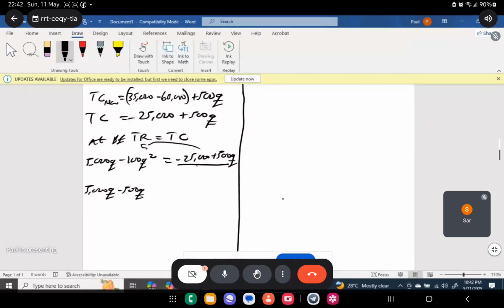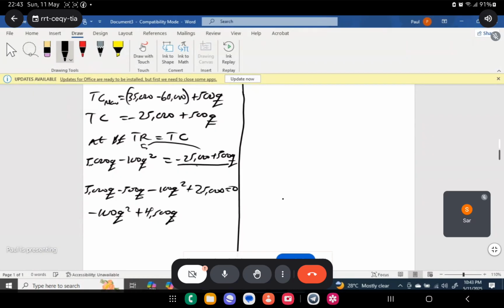Then we get our 100Q squared minus, now this is minus, the 25,000 is minus. So when it comes, we get plus 25,000 equals 0. So when we group like terms, we are getting minus 100Q squared, and 5,000 minus 500 will give us 4,500Q.